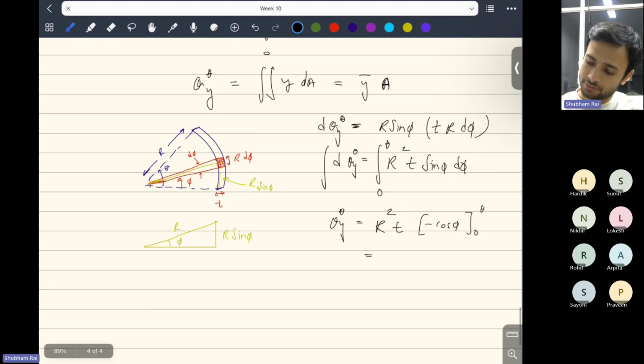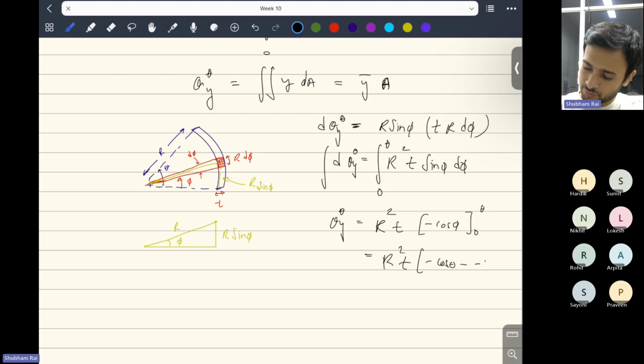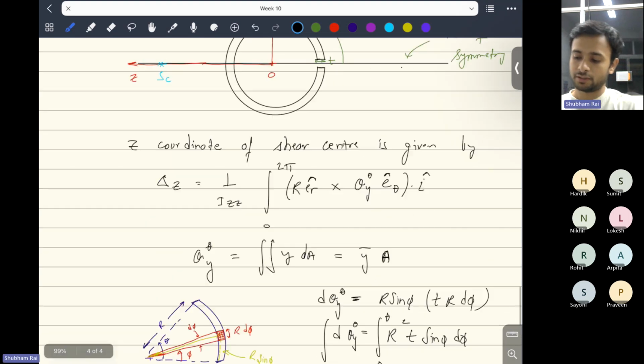So if you evaluate it, you'll get minus cos theta minus minus cos 0, which is 1 minus cos theta. Finally, qy theta is r square t times 1 minus cos theta, right? So this is qy theta in your case.